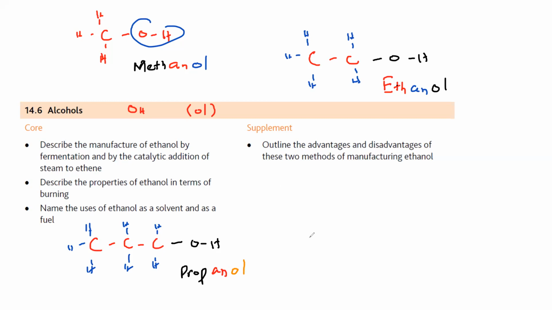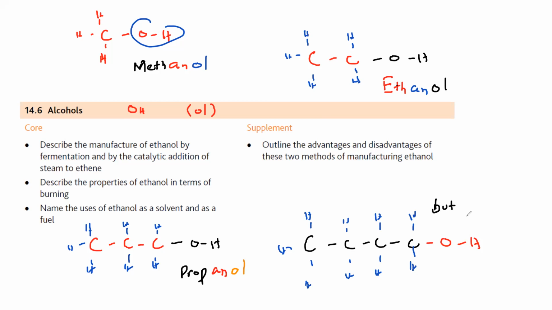Same way, if we have four carbon atoms, 1, 2, 3, 4, and the OH group is attached, and the remaining hydrogen atoms are attached to the carbon chain. For four carbon atoms, it will be but, because of four carbon atoms, and because of a single bond, -an, and -ol because of OH.